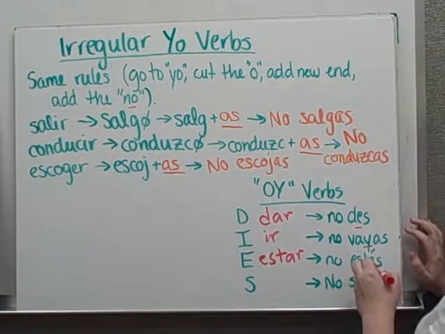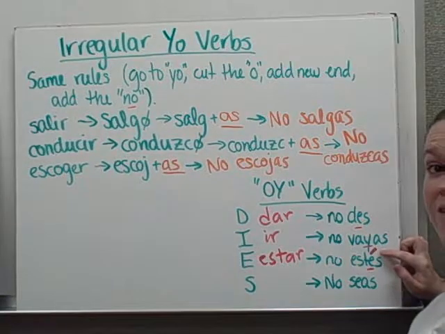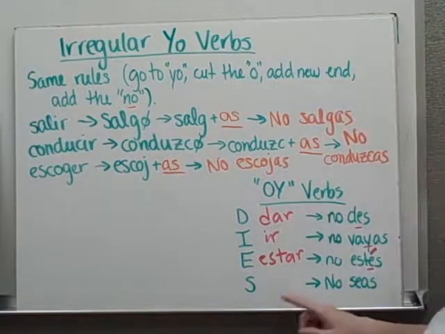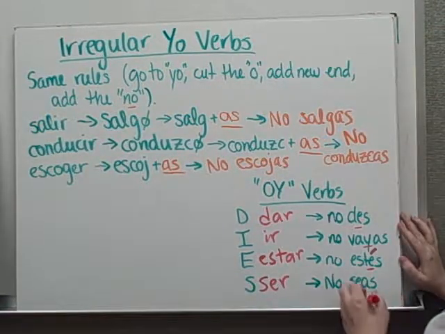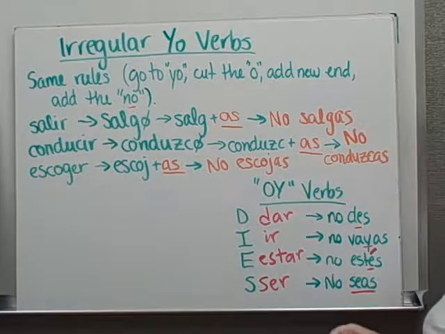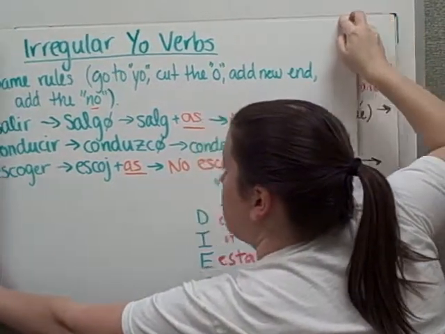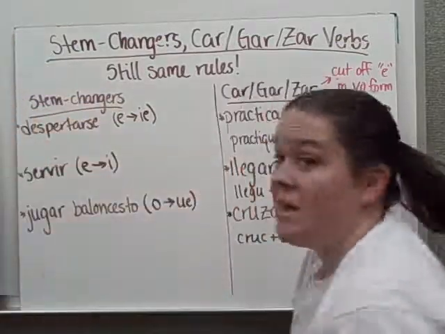Instead of no estás, no estés. Do note that there is an accent here on estés. Careful to have the accents where they need to be. And the S for ser, no seas instead of no eres. Just gotta know those. Got a lot of words.